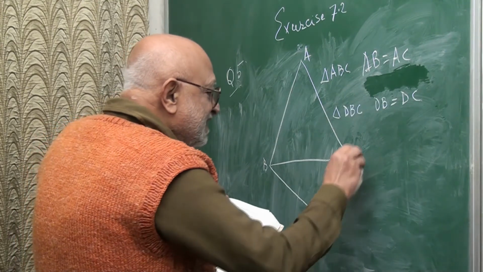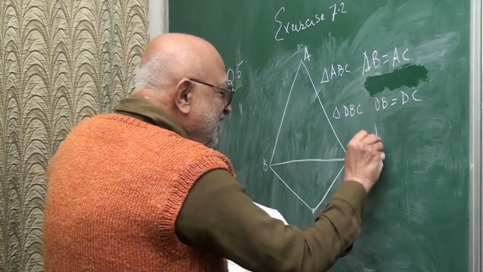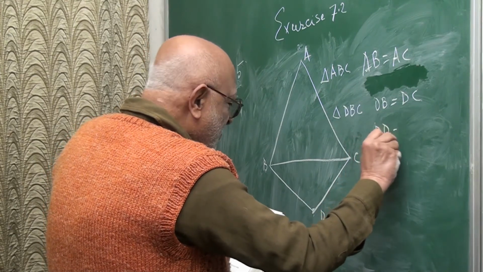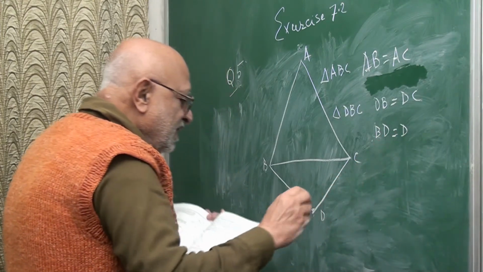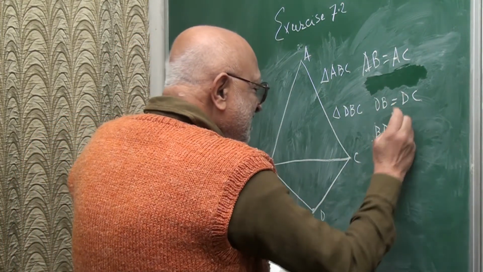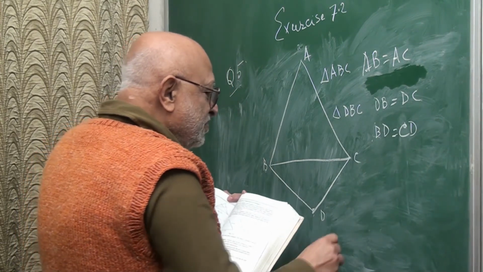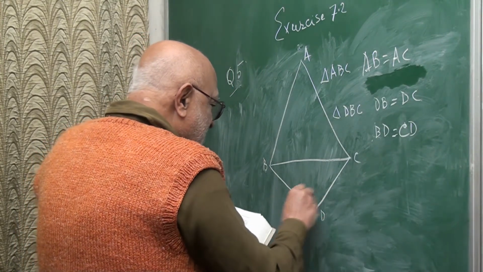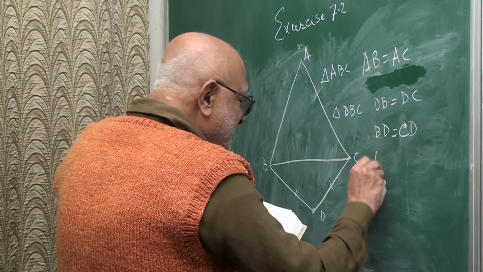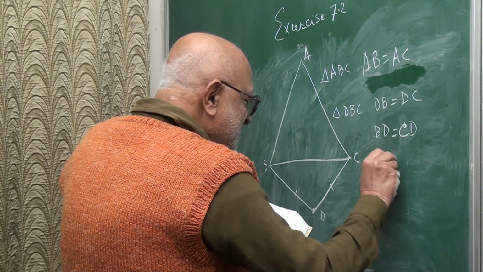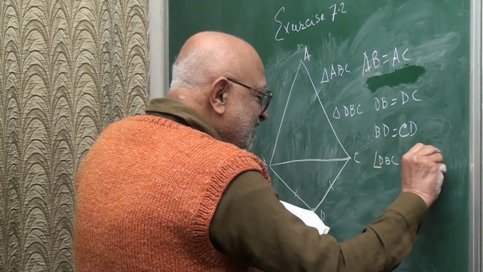So BD equal to DC. If I start with B, then it should be CD. So these sides are equal. Since these sides are equal, then angle DBC should be equal to angle CDA.